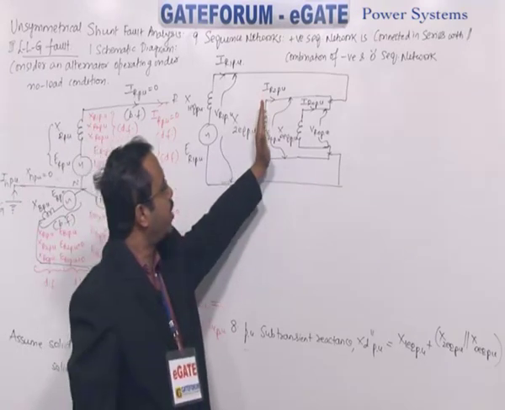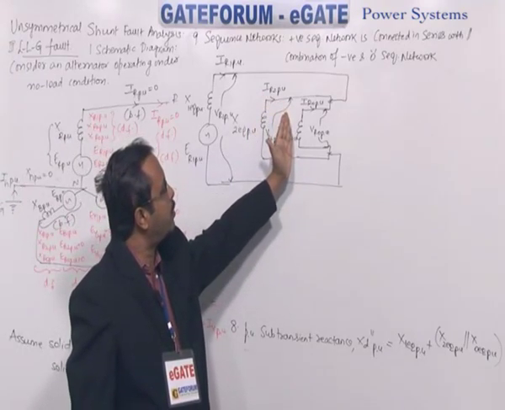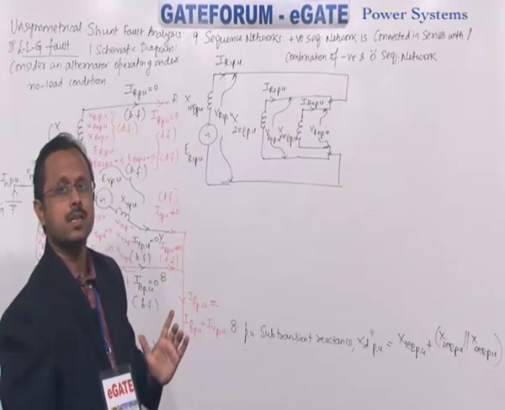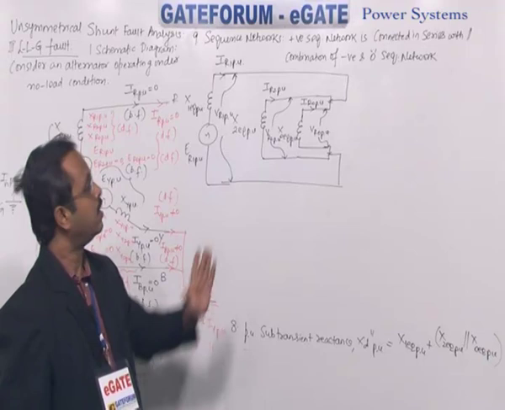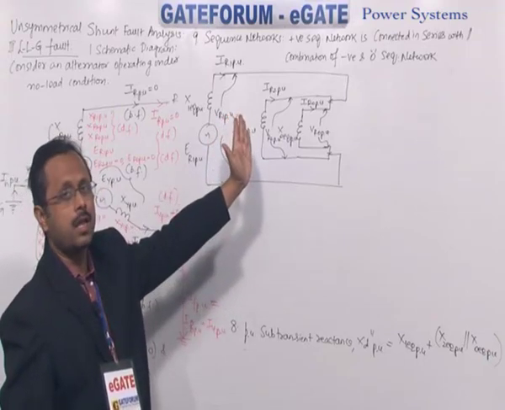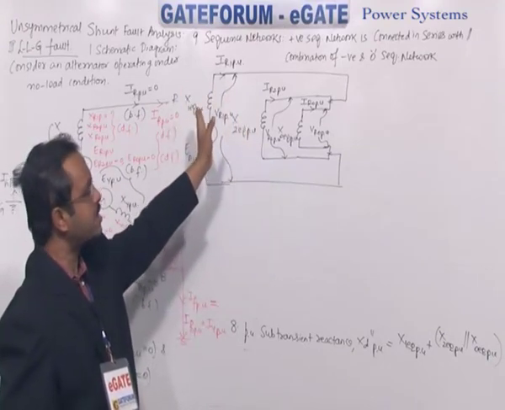Negative and zero are connected in parallel, and to that the positive sequence network is connected in series.